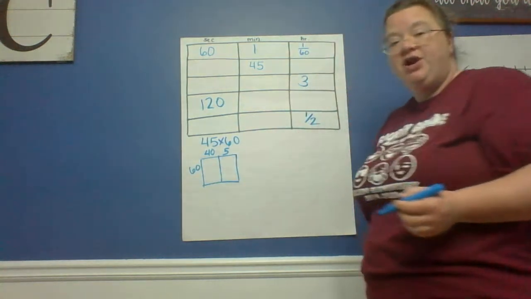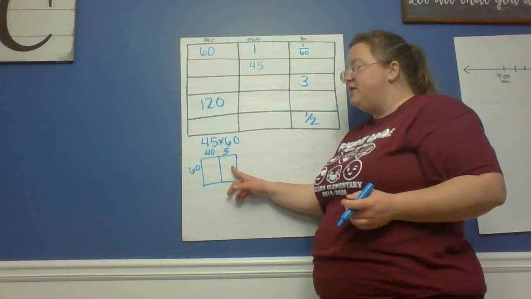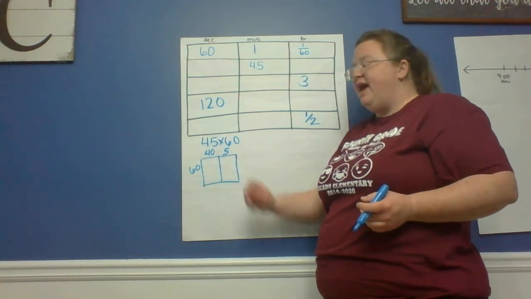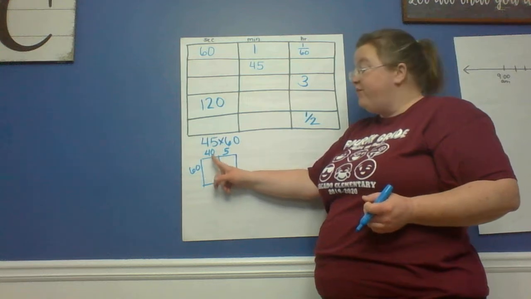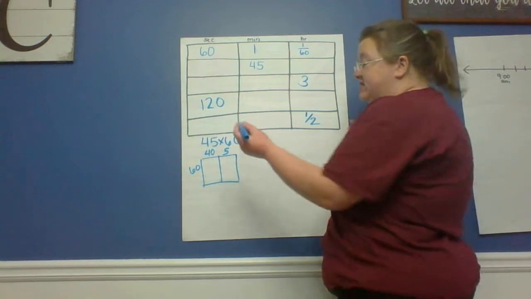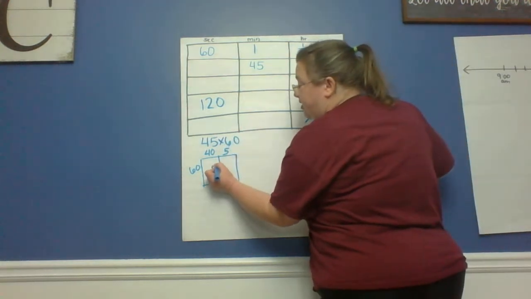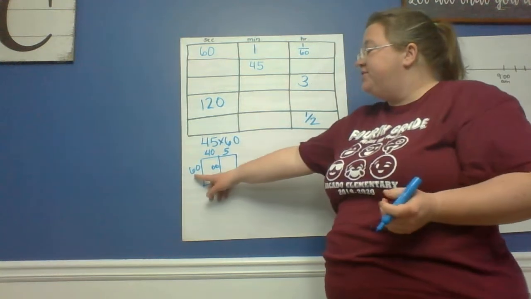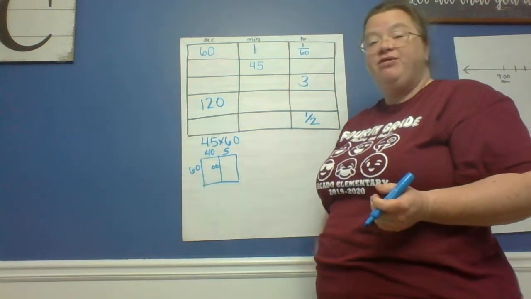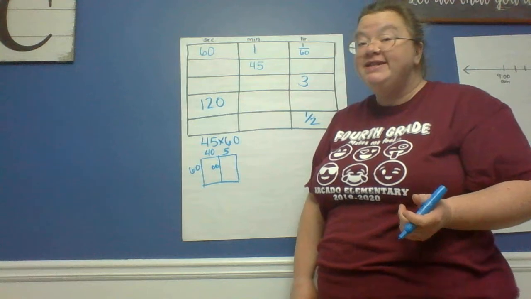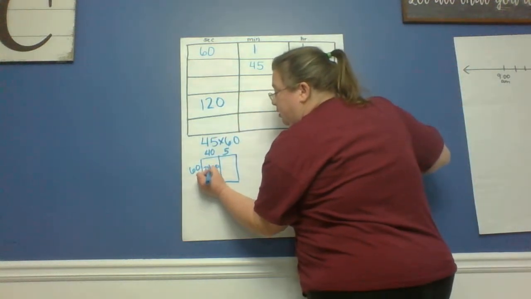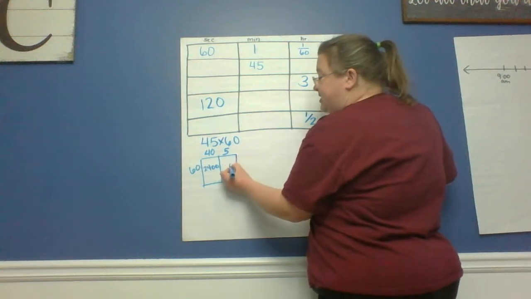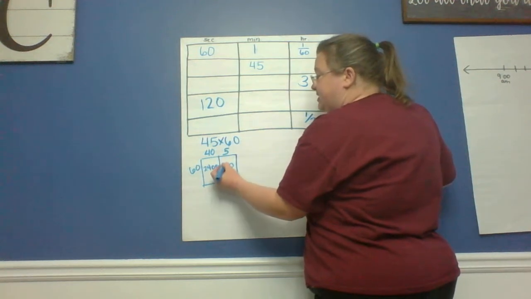So we decompose our number into tens and ones, and we're going to multiply this way. So 60 times 40. But those two zeros make this actually pretty easy. I'm just going to go ahead and write them here in my number. And then I'm just going to multiply the 6 times the 4, which is 24. Okay, and again I can just put my 0 here and multiply 5 times 6, which is 30.